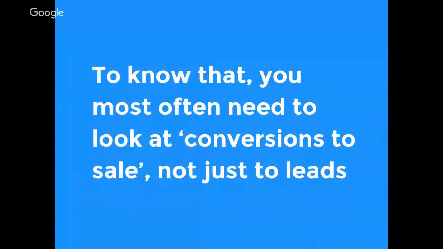So to know that, you most often need to look at conversions to sale, not just conversions to lead. This is what I was saying a little while ago, is that stage of 1, 2, 3, 4, 5 that I said is there. Conversions to leads are number 3. Then something happens and it's number 5.